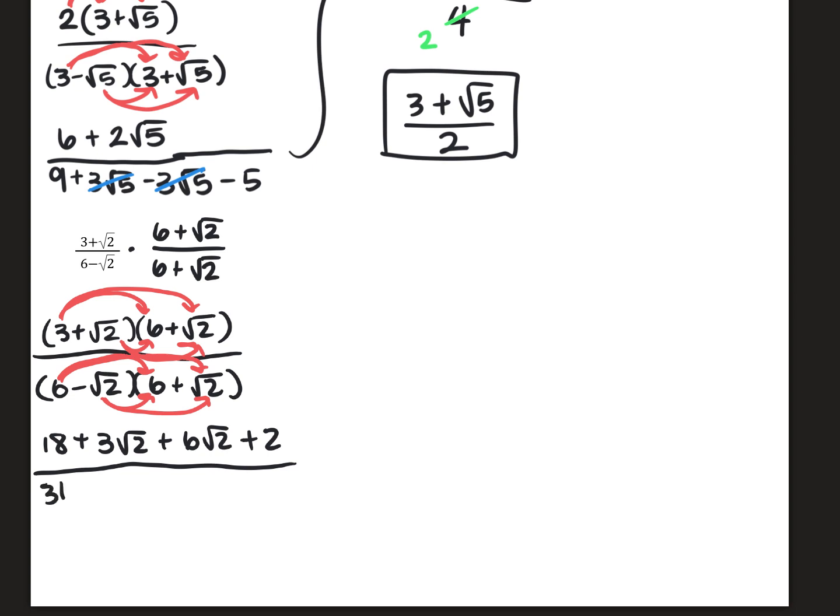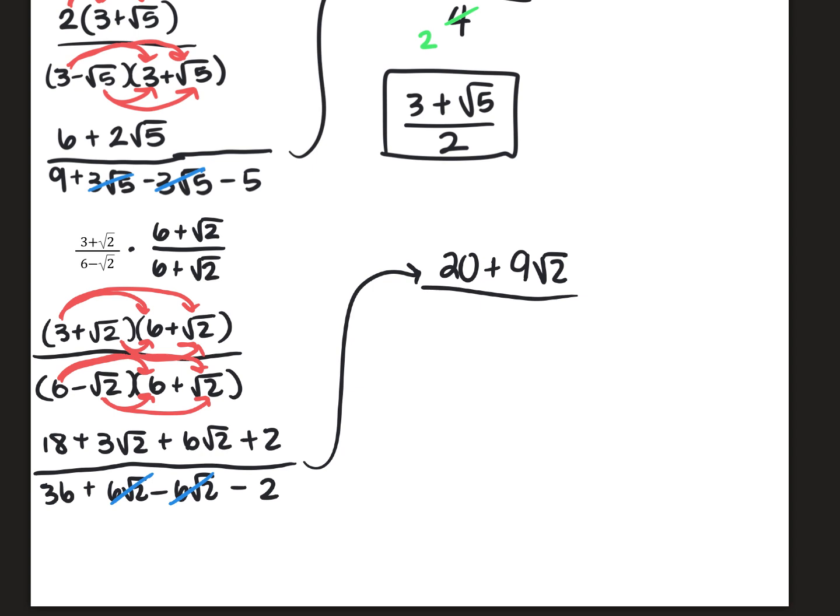And I get 36 plus 6 square root 2 minus 6 square root 2 minus 2. So nothing is going to cancel in my numerator, but my 6 square root 2 and my negative 6 square root 2 are going to cancel in my denominator. And I get 20, because 18 plus 2 is 20, plus 9 square root 2 in my numerator, all over, and then 36 minus 2 is 34.